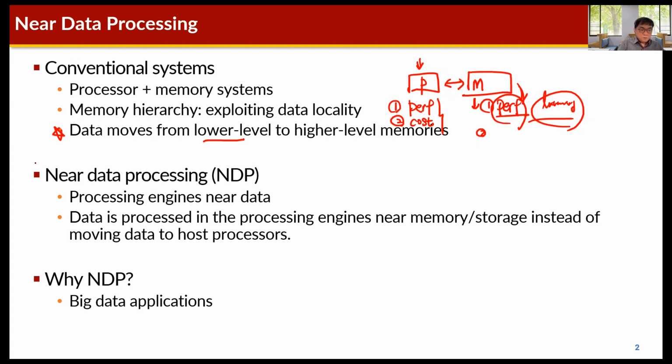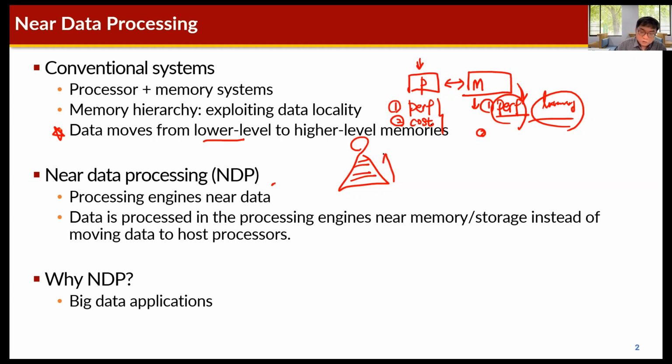But why do we need near data processing? What is the meaning of near data processing? That means the processing engine is located near the data. This is the traditional model: the processor is here and the memory is here with some levels of hierarchy.